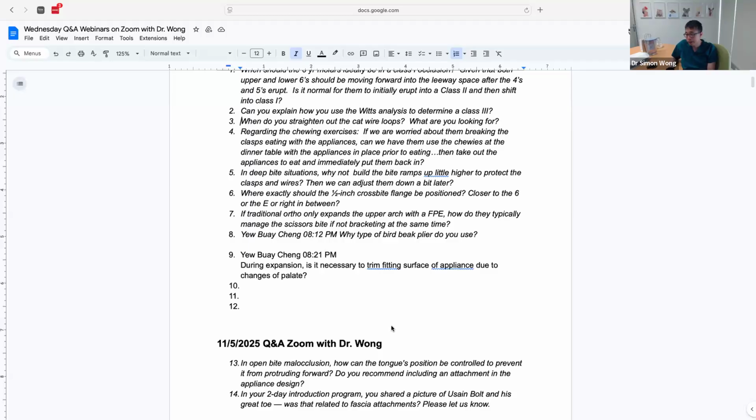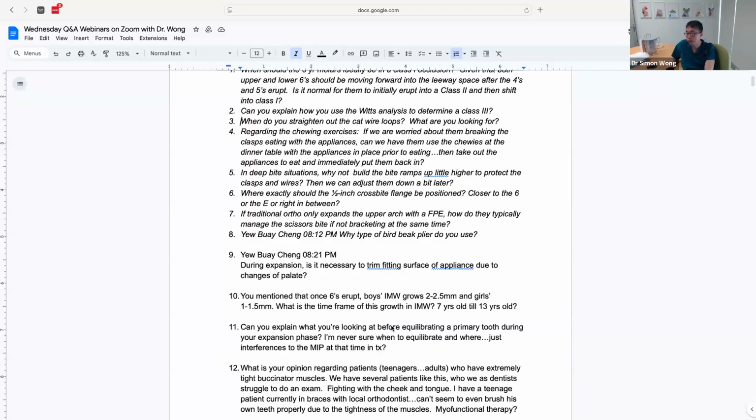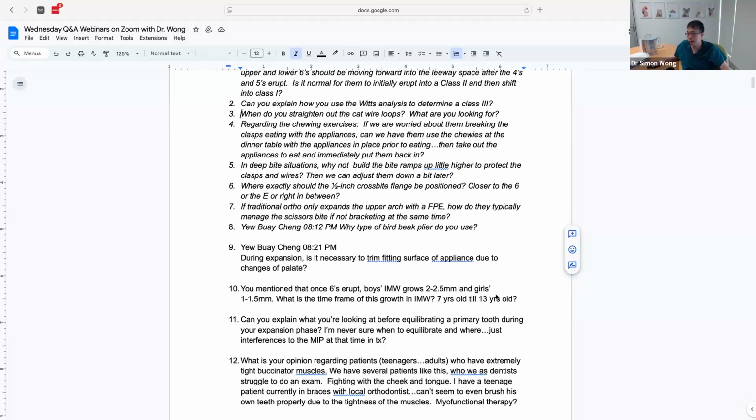I just expand, and when the shape evolves through the expansion and it's time to make a new one, it has flattened out on its own. I can't remember the last time I trimmed the fit surface of a maxillary expansion appliance. I used to do it all the time when I first started, but I can't remember where I stopped, and it doesn't seem to make any difference in my hands.